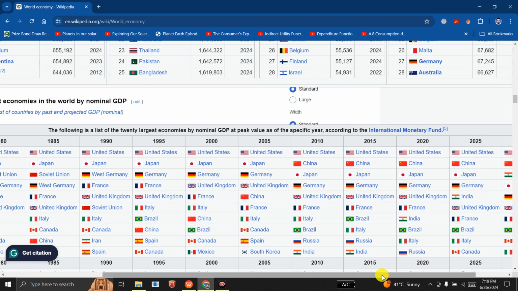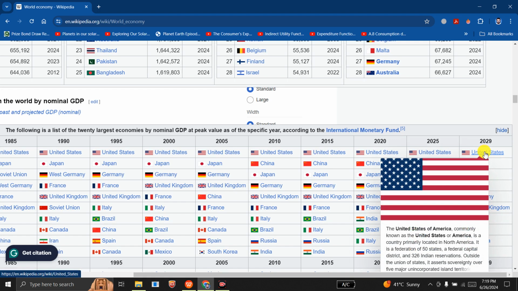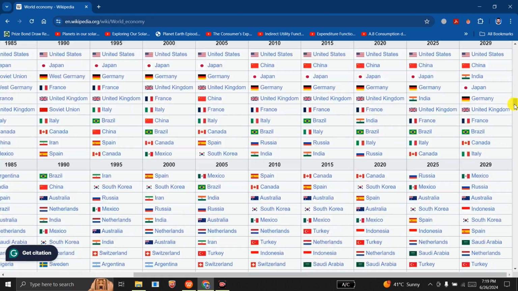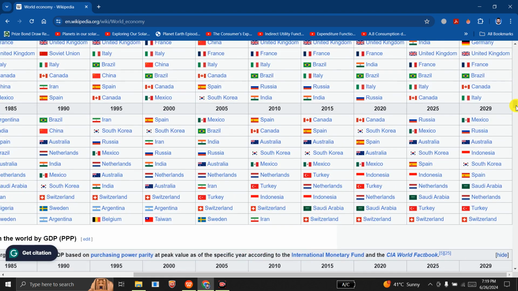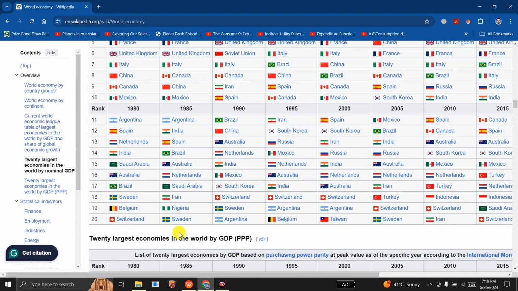Let me also see the estimated largest economy in the year 2029. Again it is United States, followed by China, India, Japan, Germany, UK, and so on. Let me also see some other countries.